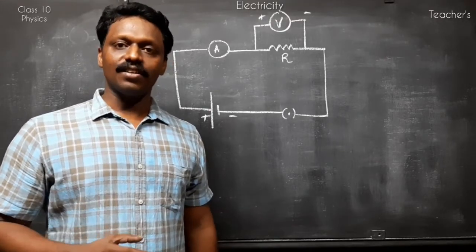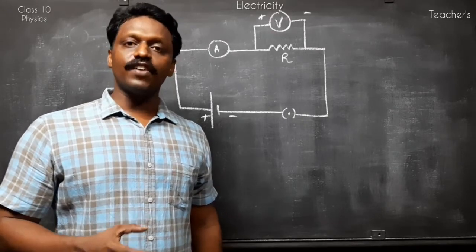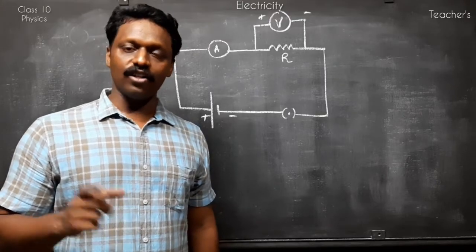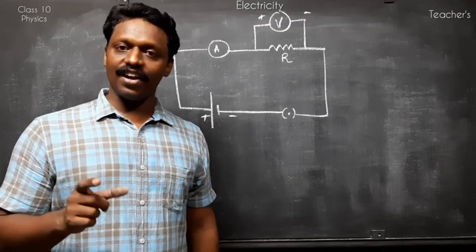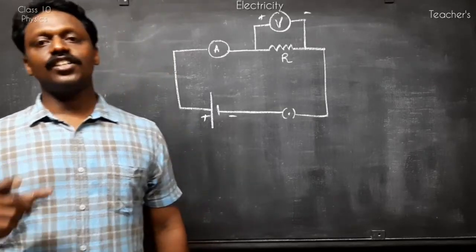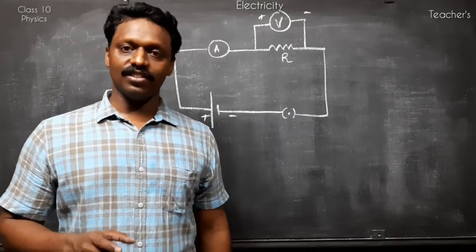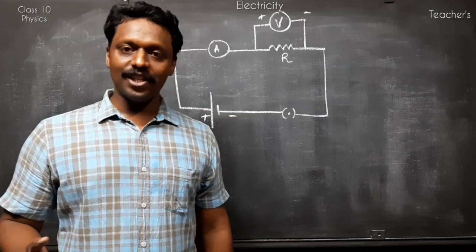So to summarize what we have learned in this lesson, it is a potential difference between the ends of a wire which makes the electric charges or current flow in the wire. The magnitude of electric current in a conductor is the amount of electric charge passing through a given point of the conductor in 1 second. Electric current is measured by an instrument called an ammeter.